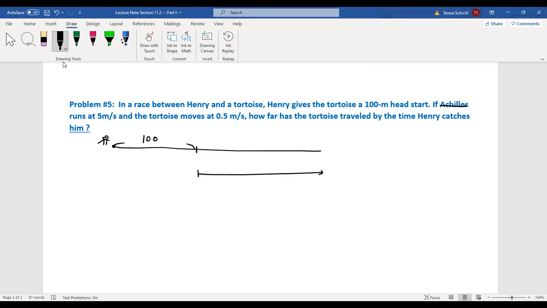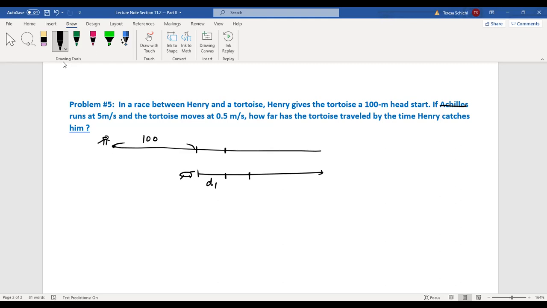Here is the tortoise. When Henry starts to run, the tortoise is going to walk a distance D1, and Henry needs to catch up to this D1.